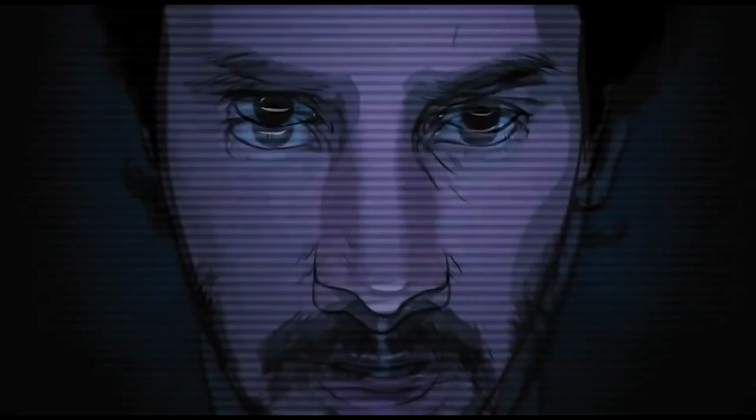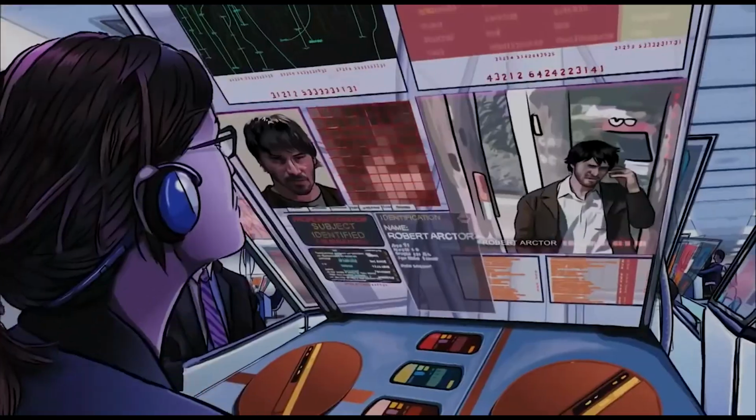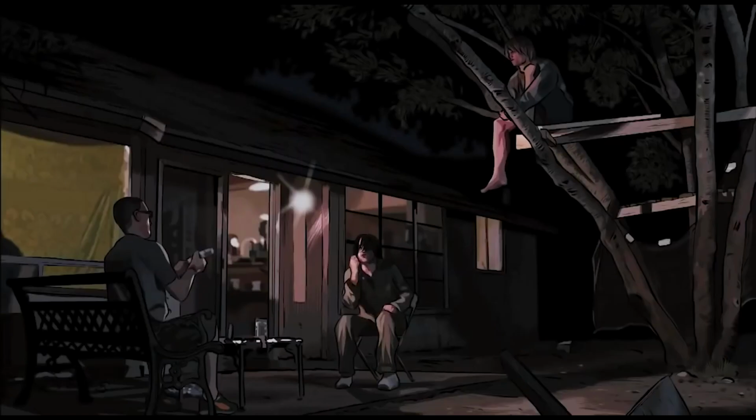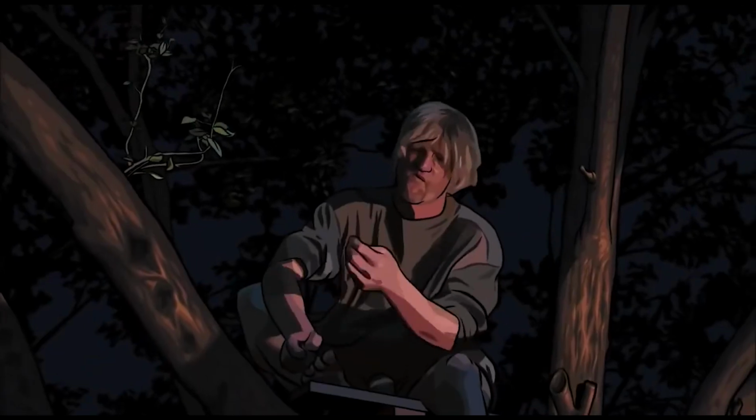Now, beyond those two immediate ones that come to mind, there is also rotoscope animation. Notable examples of rotoscope are things such as Richard Linklater's Waking Life, as well as A Scanner Darkly, and one of my favorite TV shows, Amazon's Undone.